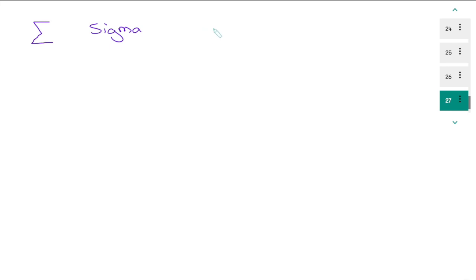The small version of it looks like this, and I obviously don't know how to draw Greek, and you may come across them in statistics. We use this small sigma to represent standard deviation in statistics. Okay, so that's where you've come across that before.